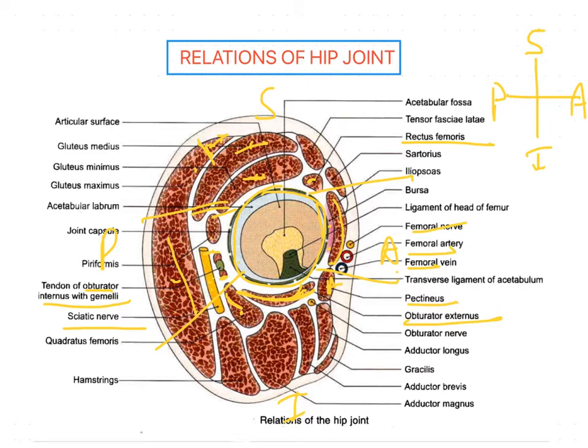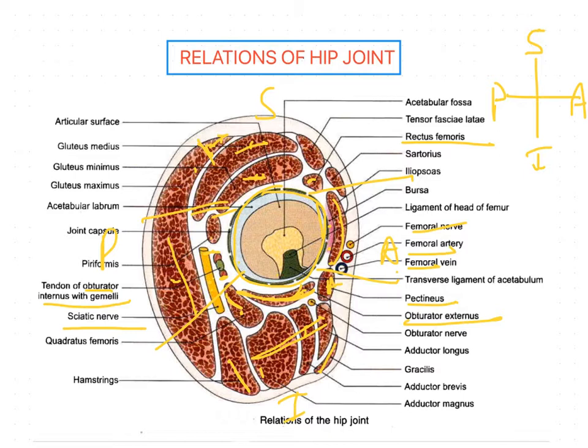Here you can find the gracilis and then the adductor group of muscles: adductor longus, brevis and adductor magnus. And also the hamstrings inferiorly. This one is related to the hamstring muscle.